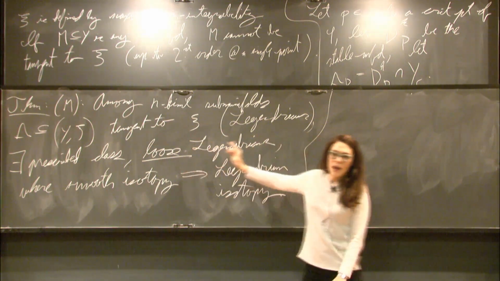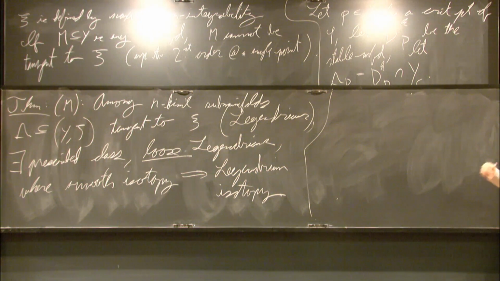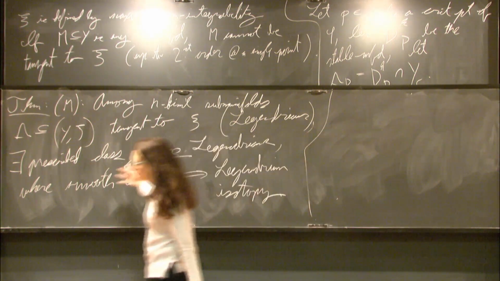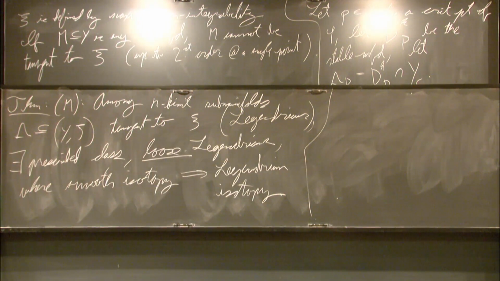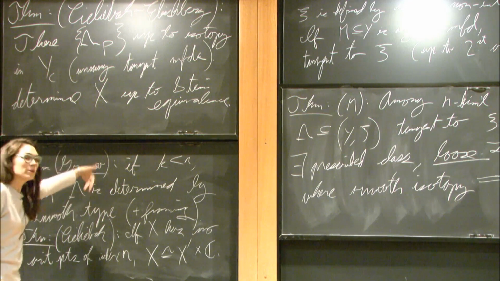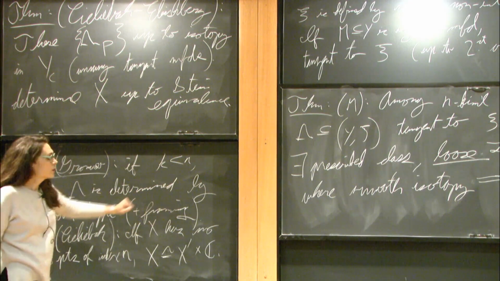So not everything is loose, and it certainly couldn't be, because if that were true, then diffeomorphism type would determine Stein type for all manifolds.